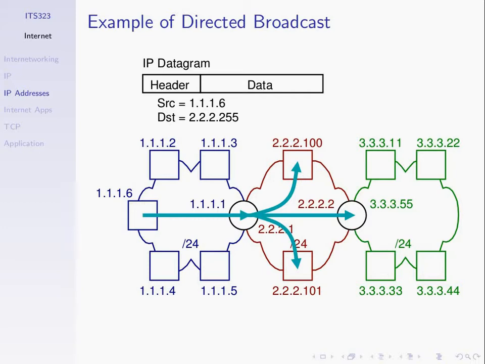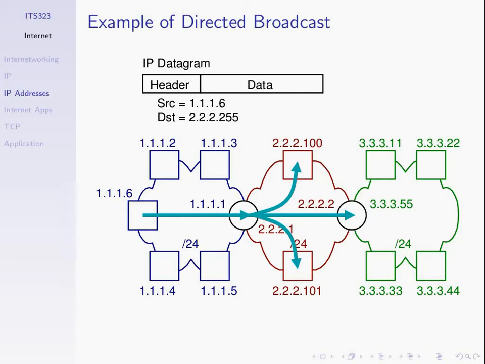The way that it works is that we set the destination address to this special directed broadcast address. Source is 1.1.1.6, destination is 2.2.2.255. Where does that come from? 255 in binary is all ones, 8 ones. A directed broadcast address is a special case address where the host portion is all ones.